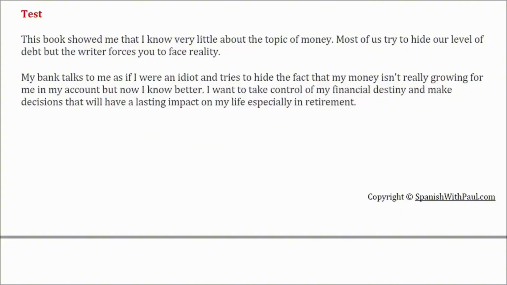Quiero tomar control de mi destino financiero y tomar decisiones que van a tener un impacto duradero en mi vida, especialmente en el retiro.